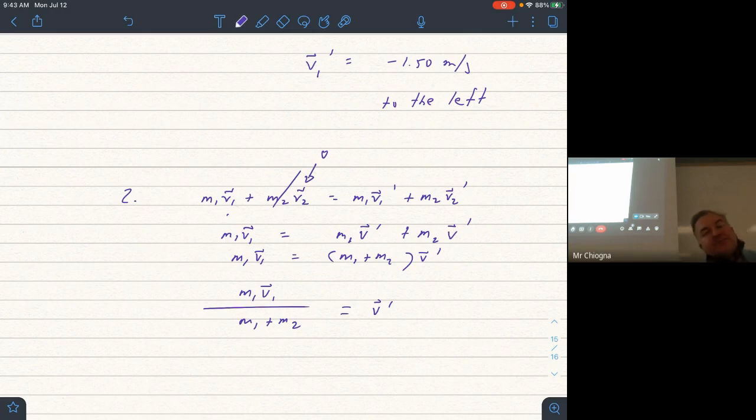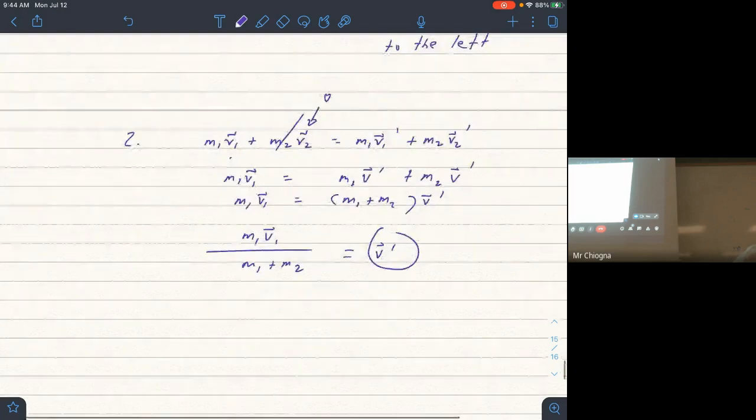So know it. What's this equation? It's the equation that you'll use when two objects collide, one's initially at rest, and after they hit, they stick together. That's when you use this equation to solve for the final velocity. It's a common velocity.